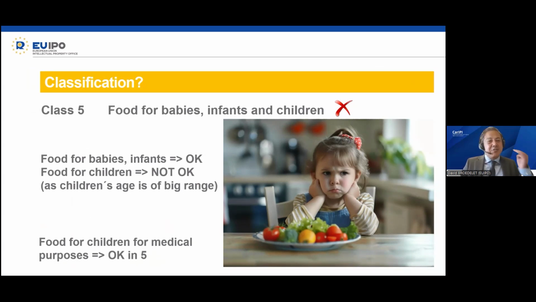So it may sound like a simple and childish thing, but the ones of you who still have parents, you are still a child, right? So this is why it is considered not to be specific enough. However, if they say food for children for medical purposes, this is then all right in class 5. So well done, everybody.